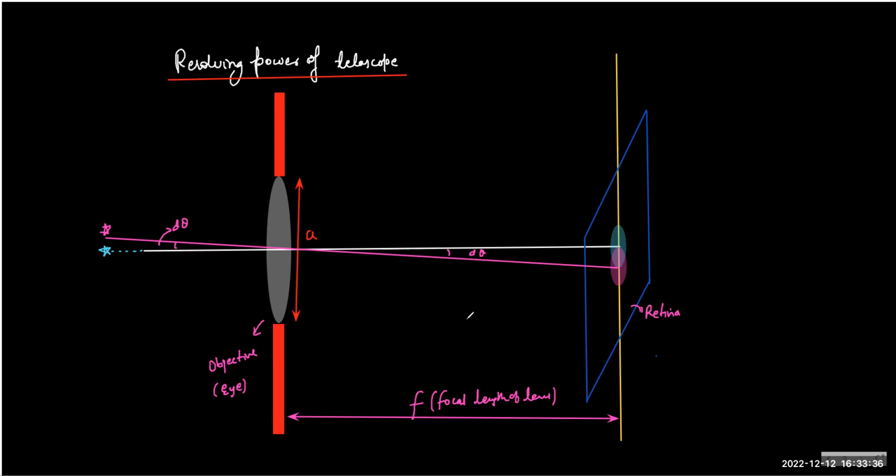Yes, sir. And we know this is r. So we can write d theta equals r by f. Simple relation. Yes, sir. Now we know how to find r. For r we can think of the condition for minima.